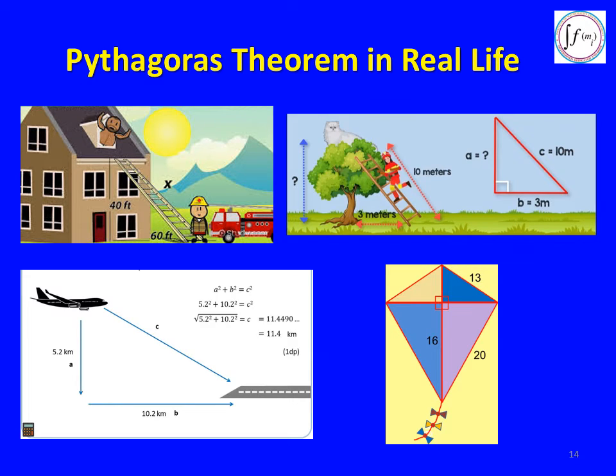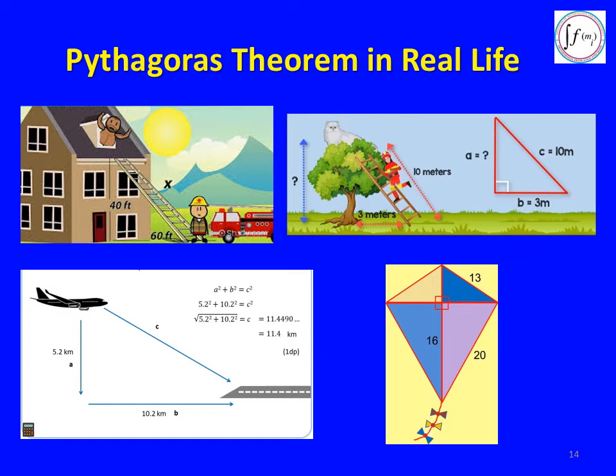Look at these diagrams. Pythagoras' theorem, which we learn in school, is applicable in solving these problems. So that would have been the beginning, the origin, of Pythagoras' theorem. To rescue this man, we need to know the length of the ladder or where to keep it, and even to make a kite with bamboo strips, the length of the two sides and the hypotenuse.